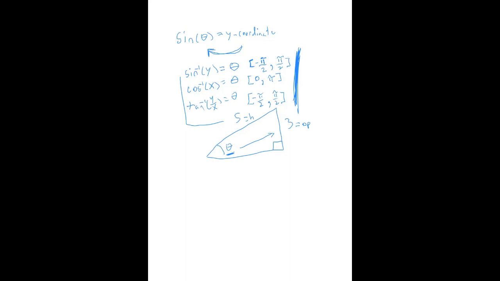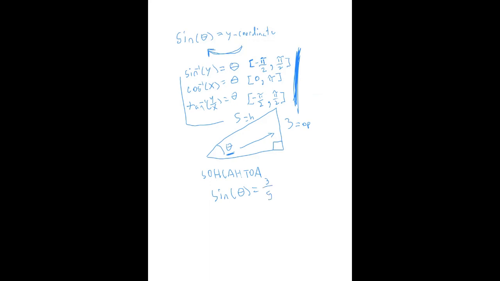Well, yes, if we remember our SOHCAHTOA rule for right triangles, I know that sine of this angle theta should be equal to opposite, which is 3, over hypotenuse, which is 5.